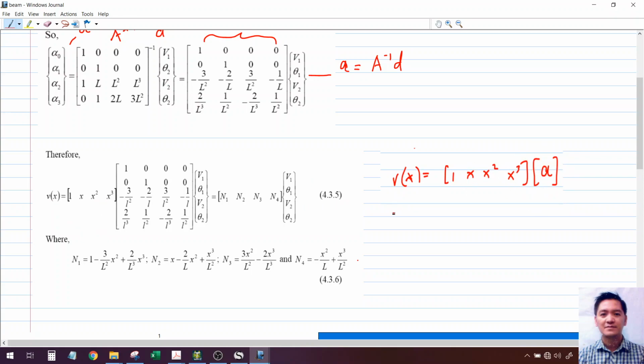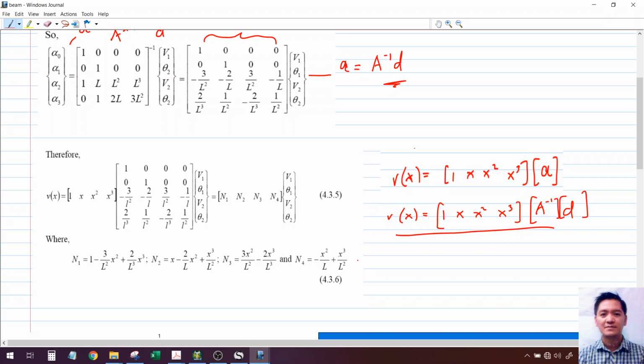Then further, v of x is equal to 1 x squared x cubed. What is alpha again? Ito, a inverse d. So that is a inverse. So matrix lahat to.